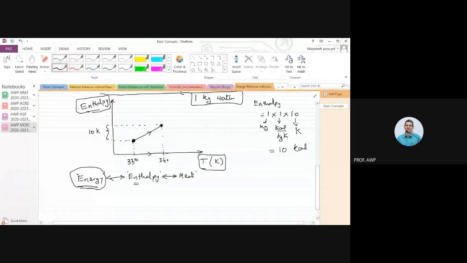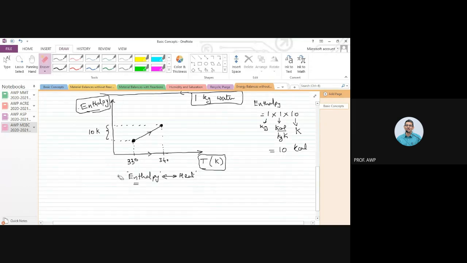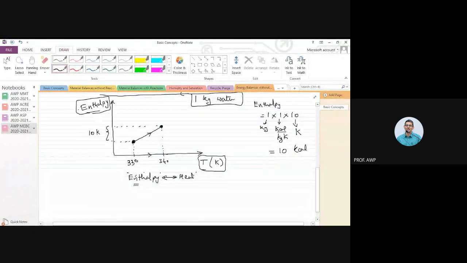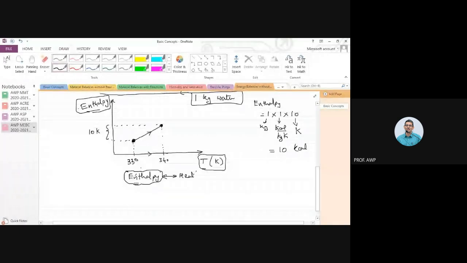In this course we are only going to work with one form of energy, or maybe two or three forms. In the next course we will work with more forms of energy, but for this particular course we work only in terms of enthalpy.